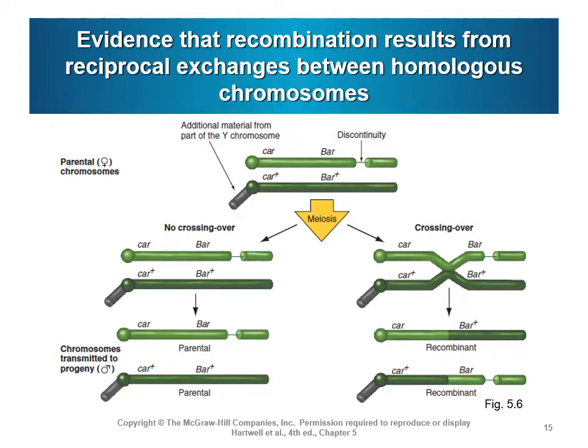On the left-hand side, no crossing over takes place, so the chromosome with the discontinuity and the chromosome containing the Y portion just go down the line to the offspring. On the right-hand side, when crossing over takes place, we have a recombinant chromosome.